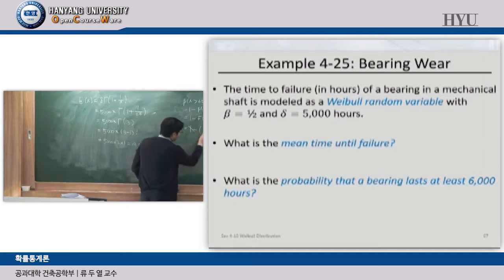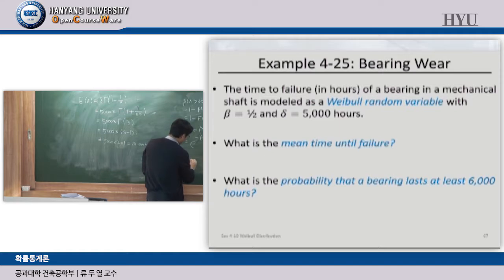So the 1 can be eliminated, and this is exponential minus x, what is x? That is 6,000, right? And what is delta? Delta is 5,000 here, okay? And what is the beta? Beta is 1 over 2.